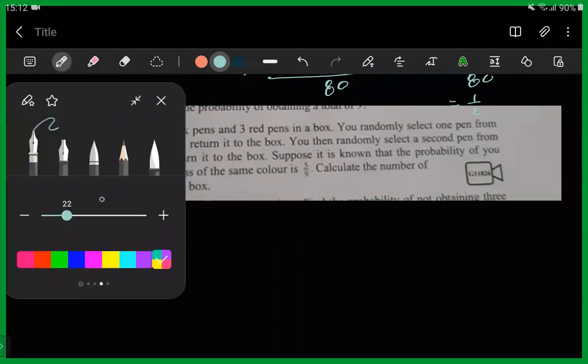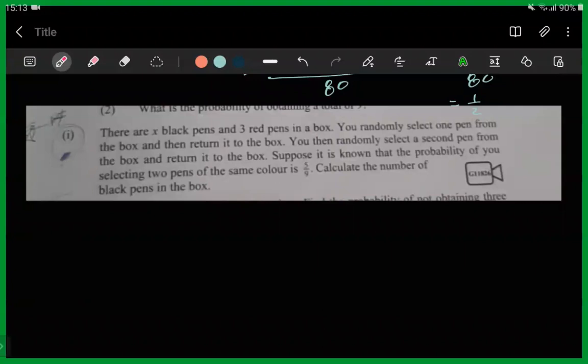So we have read the question. Now we have to read it again, writing out what we can write out. The important thing is, they say here you have X black pens. So pens that are black, you have X of them. And then red pens, you have 3 of them.